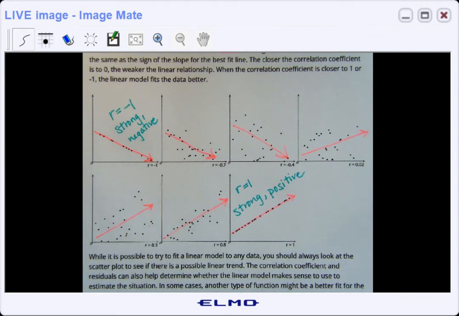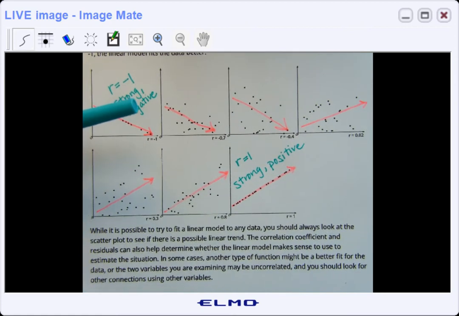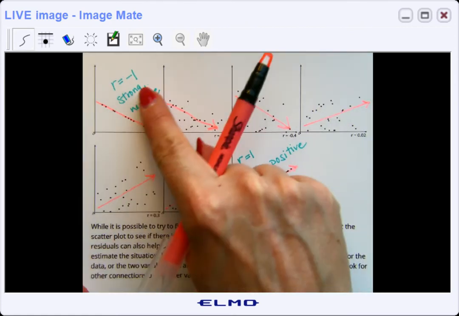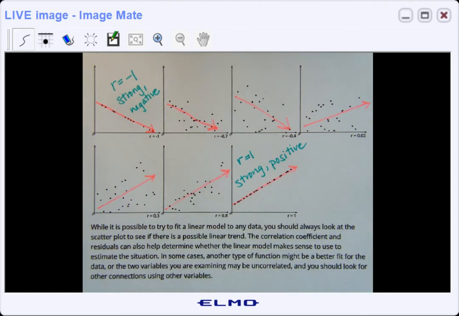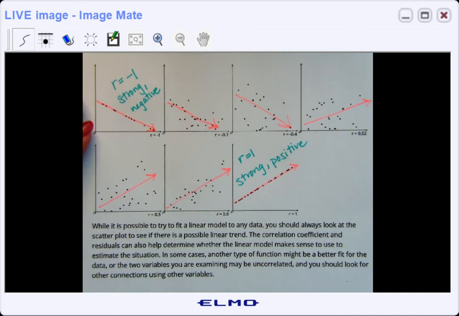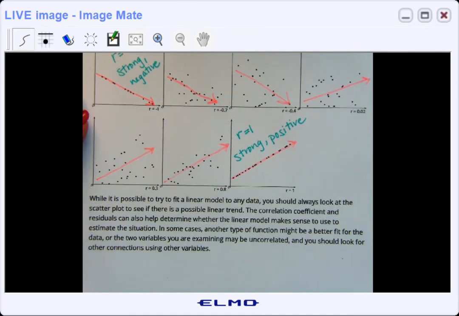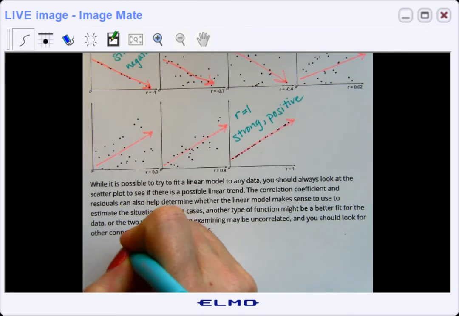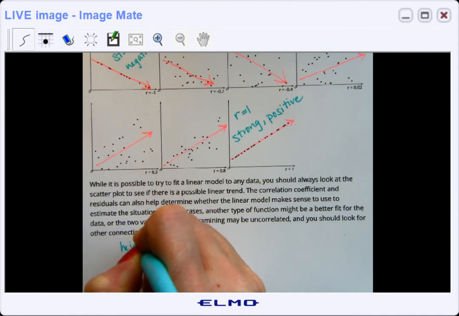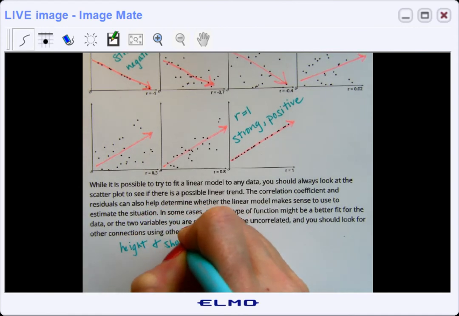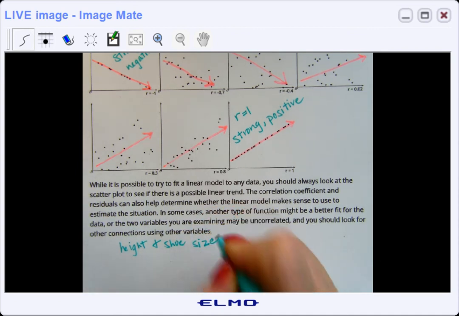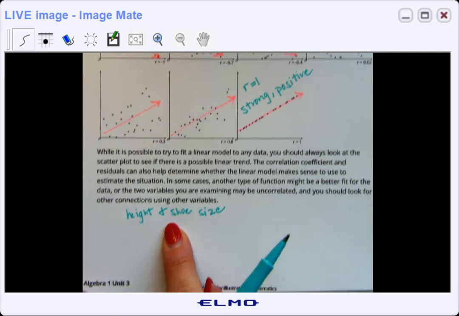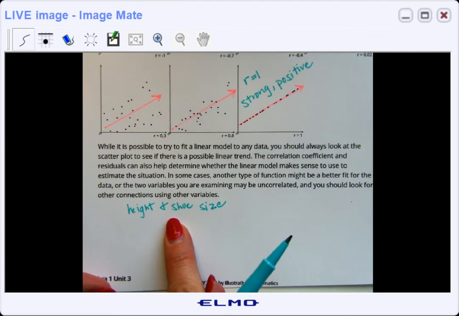The other thing that we covered in class today was using these words to come up with situations where they would apply. One thing that we often see is how height and shoe size are related. Would you say that those values have a positive correlation or a negative correlation?